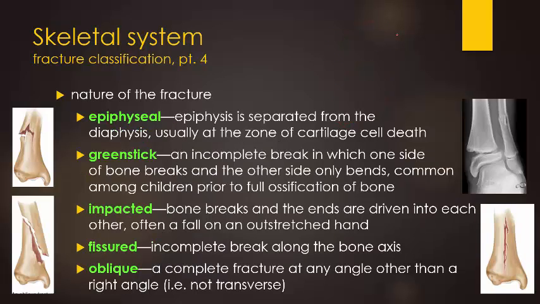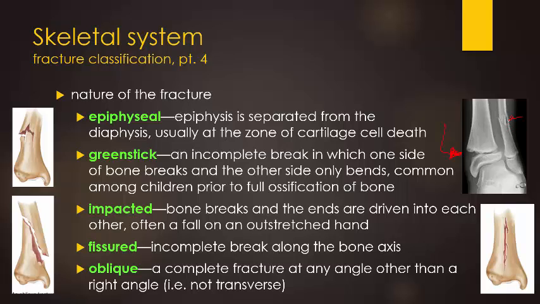All right, so we've got some more pictures to look at, looking at the classification by the nature of the fracture. An epiphyseal fracture is where the epiphysis is separated from the diaphysis, and that's what I'm showing here with this X-ray view. Here's the distal end of the tibia, here's the fibula coming down.